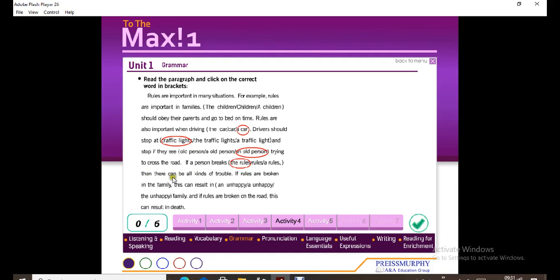Then there can be all kinds of trouble. If rules are broken in the family, this can result in an unhappy family, because here you hear the sound of unhappy. And if rules are broken on the road, this can result in death. Okay, thank you.